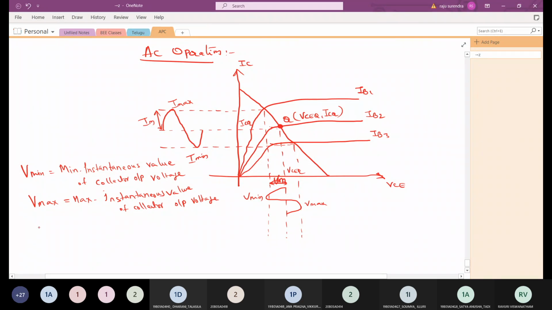I minimum is nothing but minimum instantaneous value of collector output current.